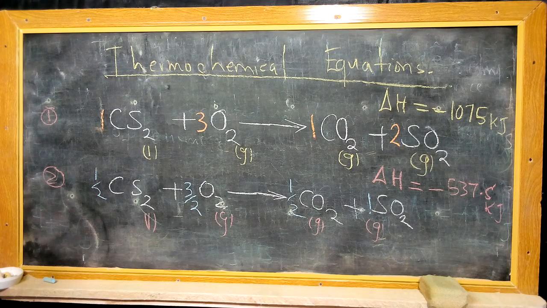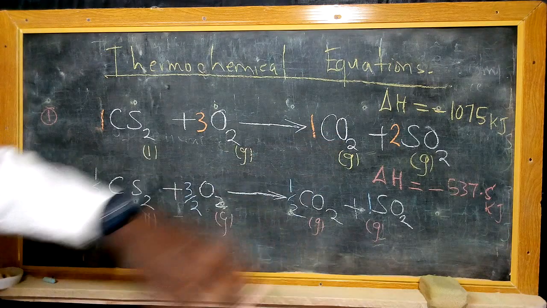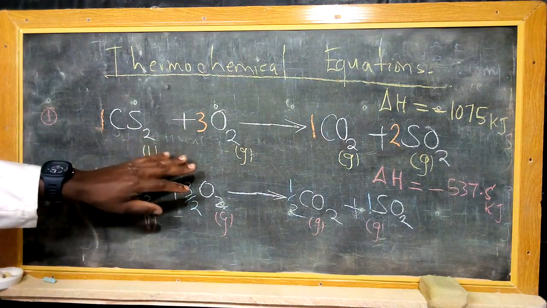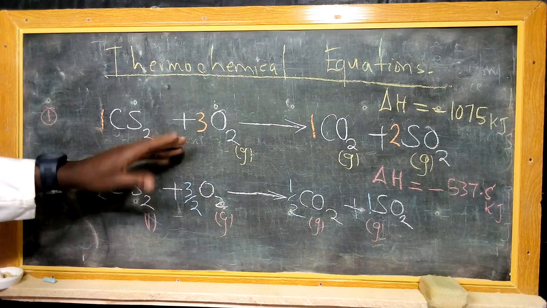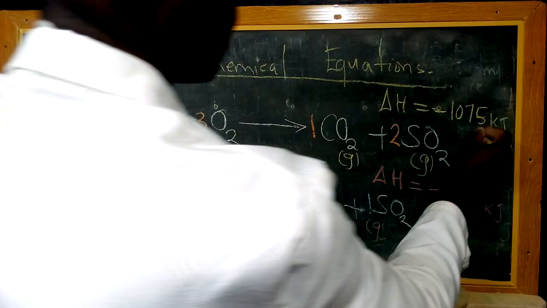we can deduce that in a chemical reaction, which is of course a thermochemical equation, if we are able to divide or multiply, this one has been divided by 2, if we are able to divide or multiply the coefficients by a factor n, the heat of reaction of the new equation will also be obtained by dividing or multiplying the heat of reaction by the same factor.